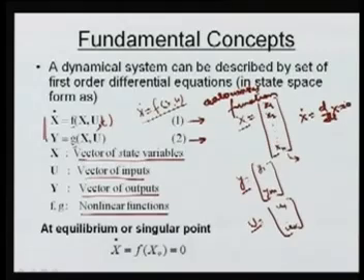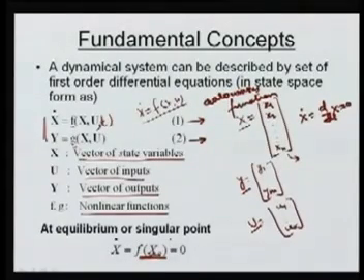The function f can be linear or nonlinear. In power systems it is nonlinear, but if it is a linear function, then you will have only one equilibrium point or singular point. However, if you have a nonlinear function f, it may have more than one singular point or equilibrium point. So in a nonlinear system the equilibrium points may be several, but in a linear system it is one.